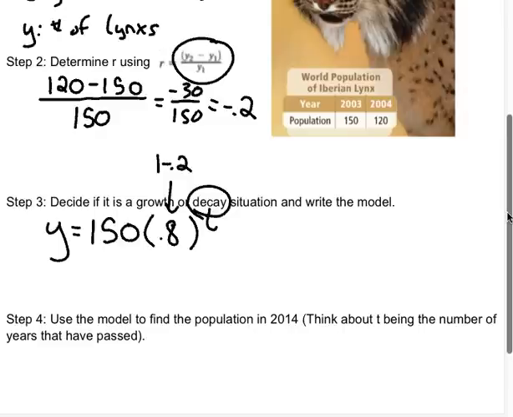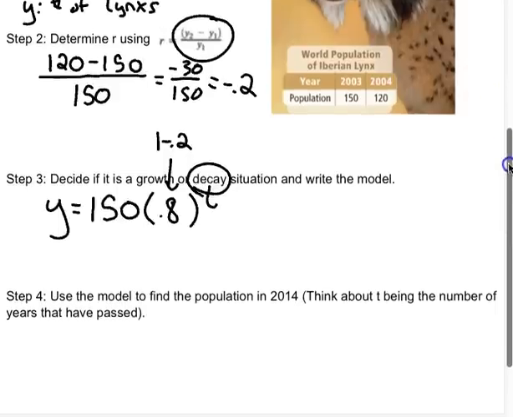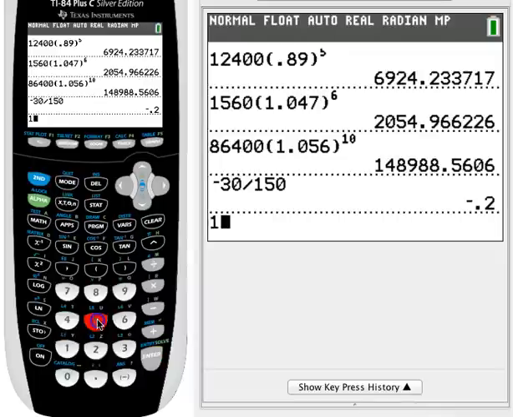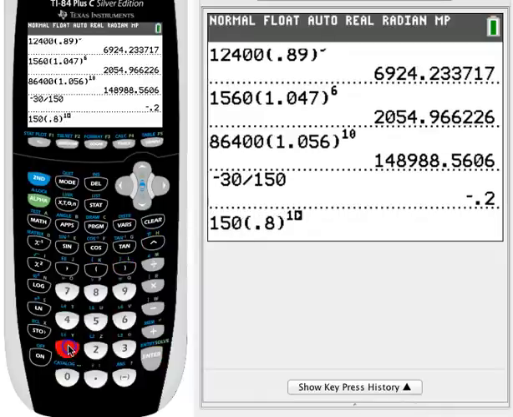All right, so now let's think 2014. If we're curious about 2014, what the population is going to be. Well, we started in 2003. 2014 is 11 years later. So let's see what happens. 11 years later, what's the population going to be if this trend continues?